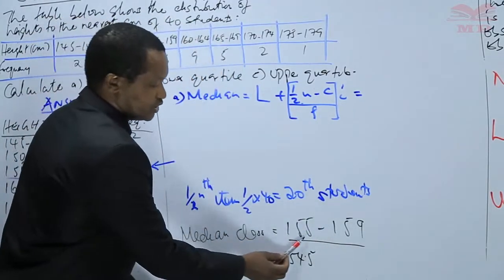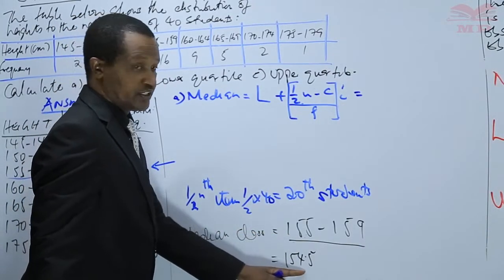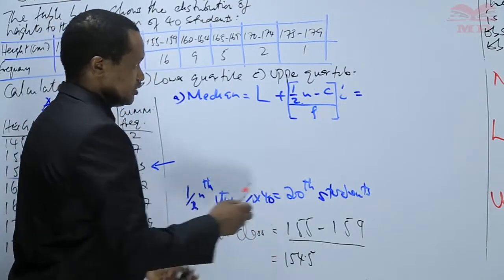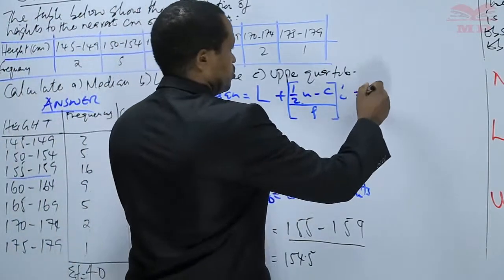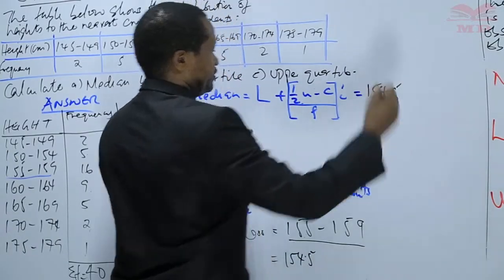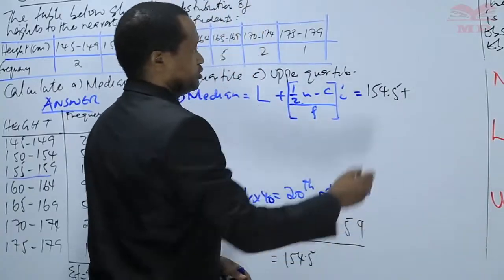So the lower class boundary is equal to 154.5.